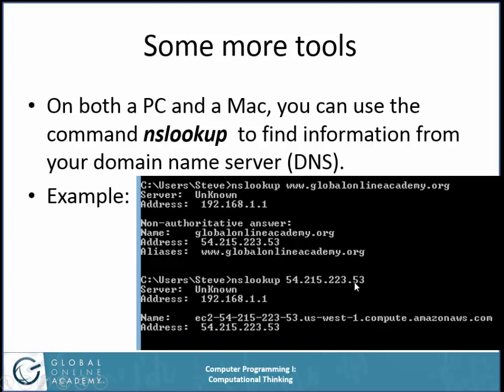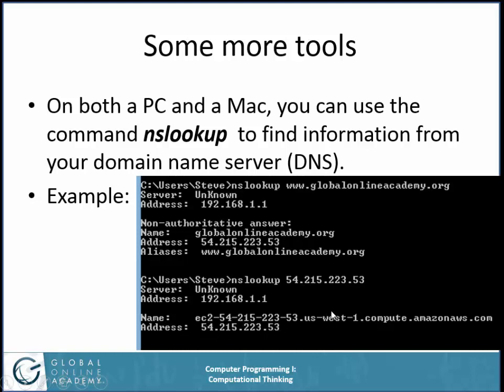So let's look up that IP address, 54.215.223.53. And it comes back and it says, oh look, I can get to it via this local address, but here's what you get when you go off to the internet.